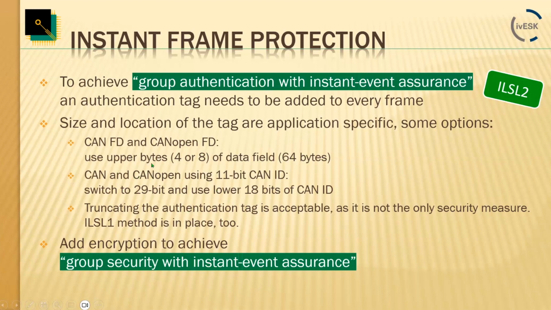One of the solutions we are working on with CANopen is to use the 29-bit CAN ID, which CANopen does not use at all. And this gives us 18 bits extra that we can use for an authentication tag. And we are currently examining what kind of security level in combination with the ID guarding that would give us. And in the end, the third level would be group security versus authentication, where you also add encryption.